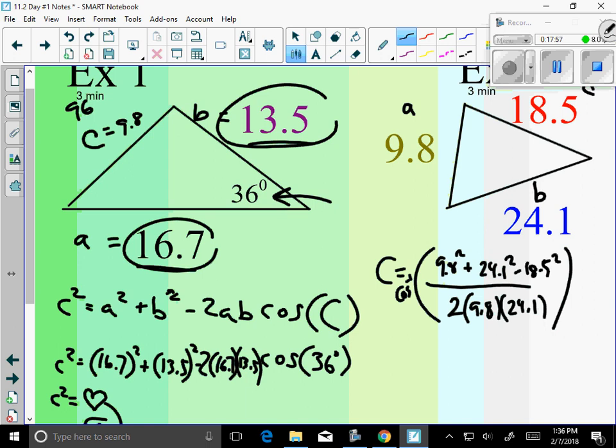That would be a good assumption, right? Seeing that that side, oh wait, hold on. Which angle am I finding? Across from 18.5, so I'm finding that. So I would say, yeah, it's going to be less than 90. What do you get? 44 point what? 9? Okay.